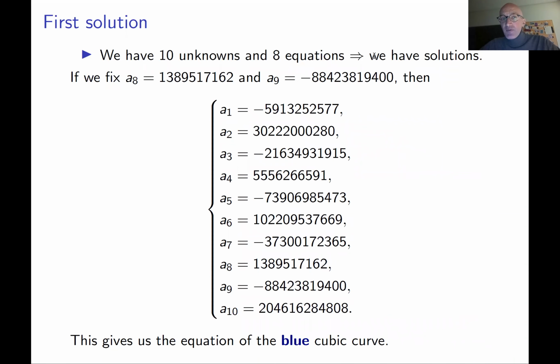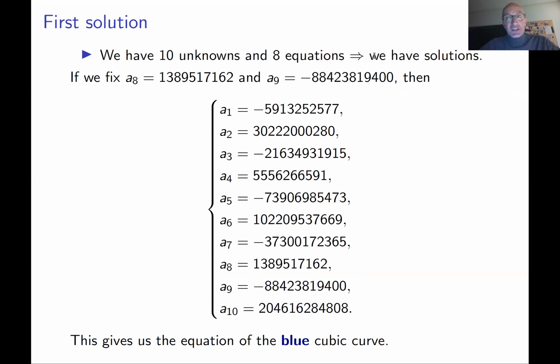For example, if you just randomly choose A8 to be this big number, and you choose A9 to be this small number, then you can solve the system of now 10 equations, because you have 8 equations on the previous slide, and you have 2 equations, A8 equals this big number and A9 equals this small number.